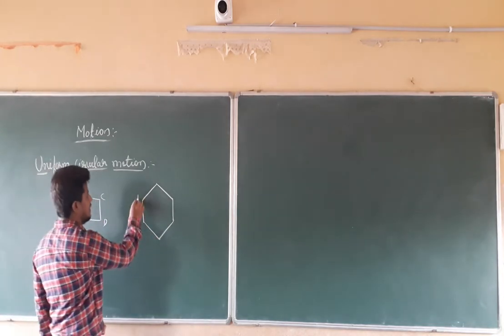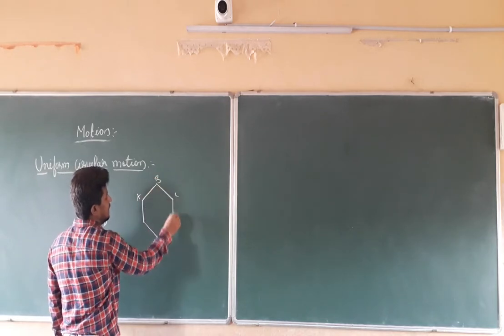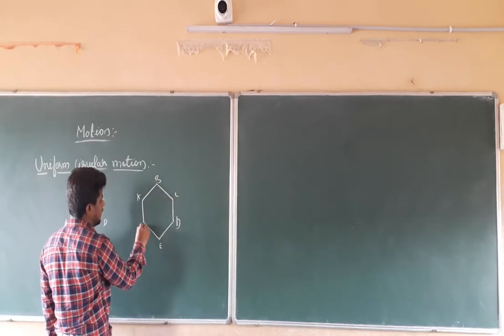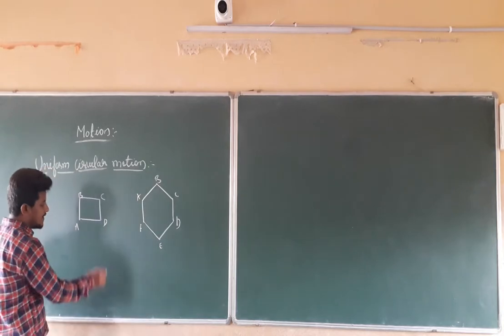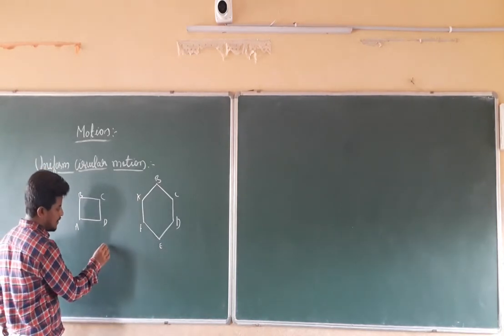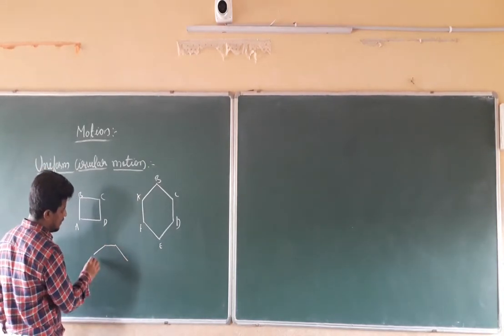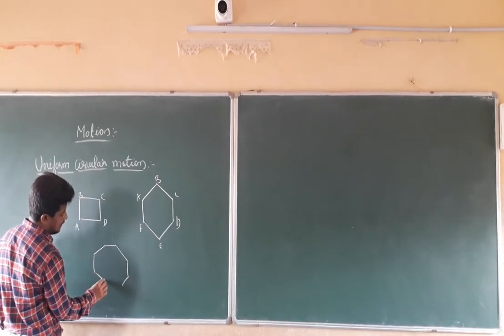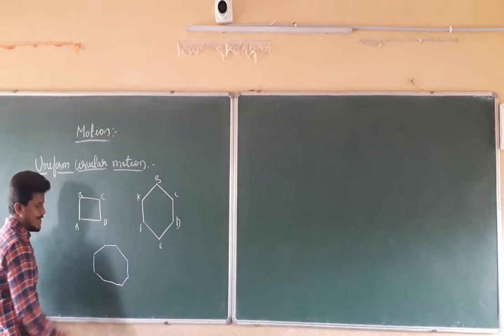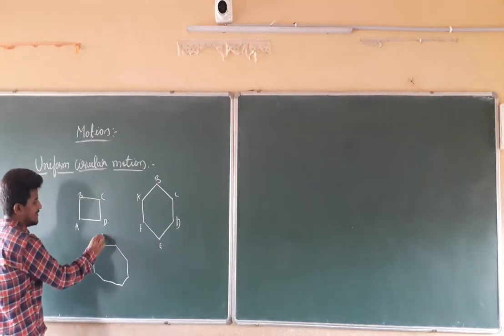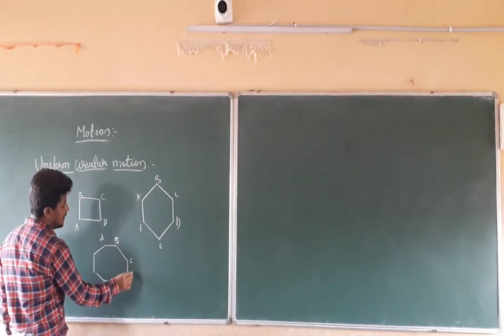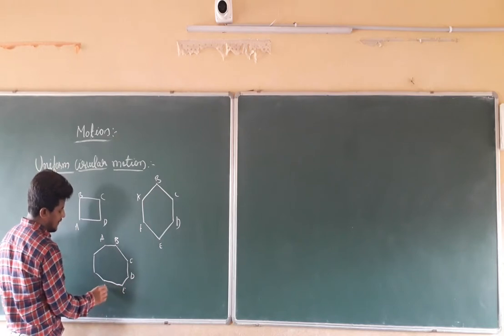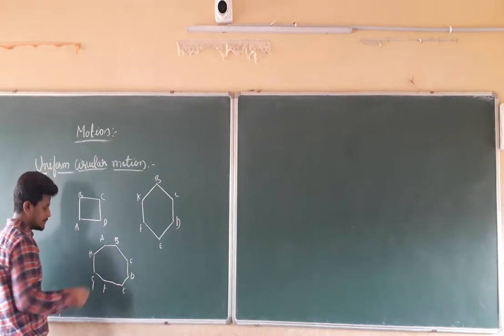Let this be A, B, C, D, E, F. In the same manner, we take another path which is an octagon, with sides 1, 2, 3, 4, 5, 6, 7, 8. All of the sides of the octagon are also equal. That is A, B, C, D, E, F, G, H.